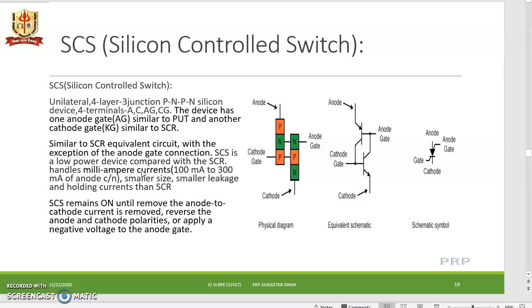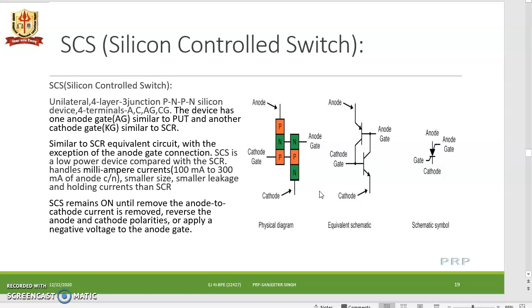Now the SCS is a low power device compared to the SCR. It is capable of handling 100 milliampere to 300 milliampere of anode current, and it has a smaller size compared to the SCR.